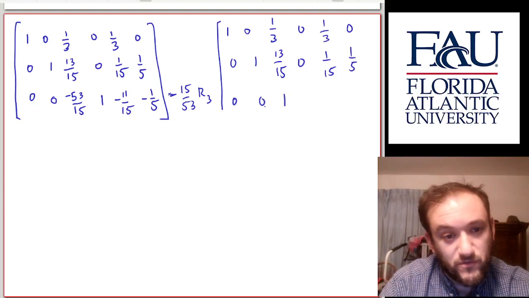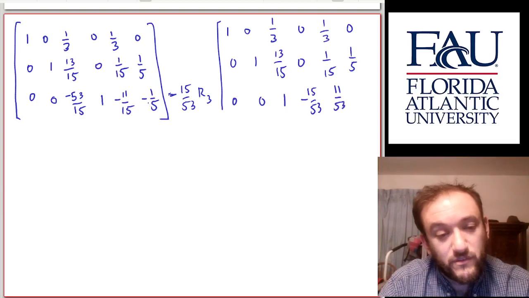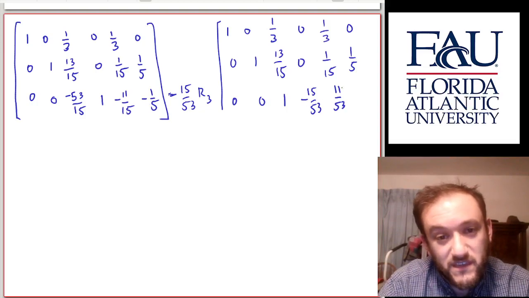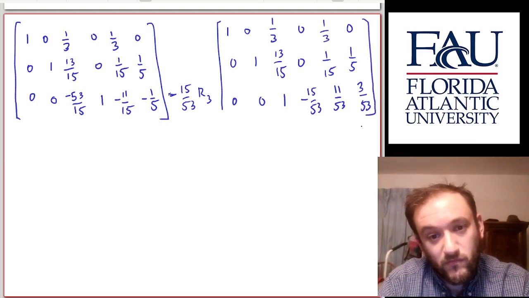Last row, we scale, this is now 1. And this is minus 15 over 53. This is positive 11 over 53. And then minus 15 over 53 times minus 1/5 is positive 3 over 53.